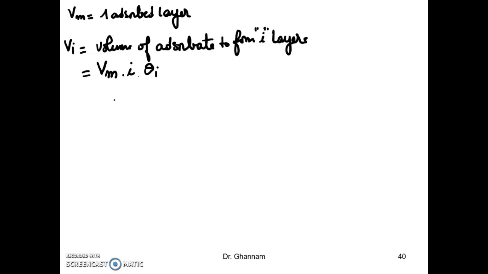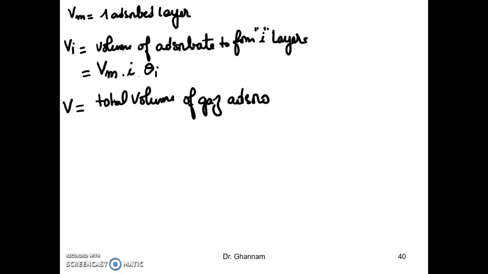So Vi is Vm times I times theta I. And V, the total volume of gas adsorbed, of the adsorbate, is equal to the summation of all Vi. So it's equal to the summation over I of Vm times I times theta I.